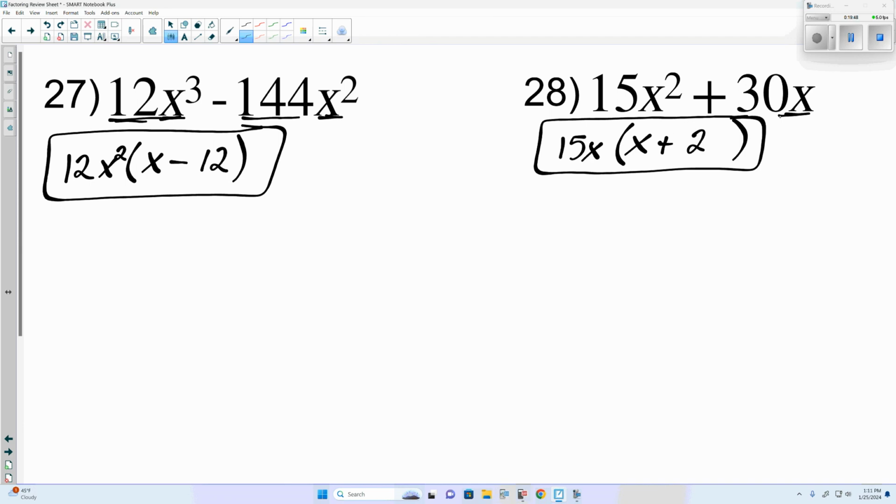And again, just as a reminder, if a term factors out completely, it reduces to 1. Questions on any of this here?